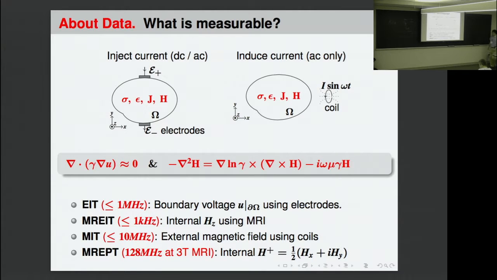Okay, everything here is complicated, so I'll go over it quickly. Below 1 megahertz, it's called EIT. Less than 1 kilohertz is MREIT, and MIT is around that. But these two have had a lot of trouble so far making static images because of fundamental limitations.